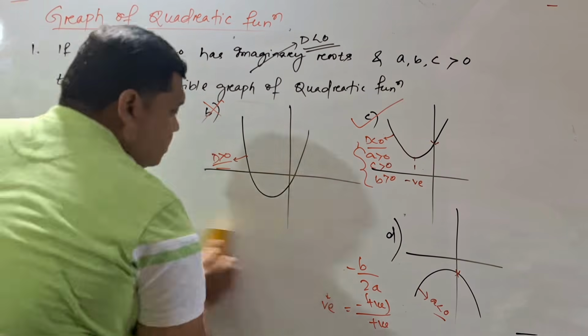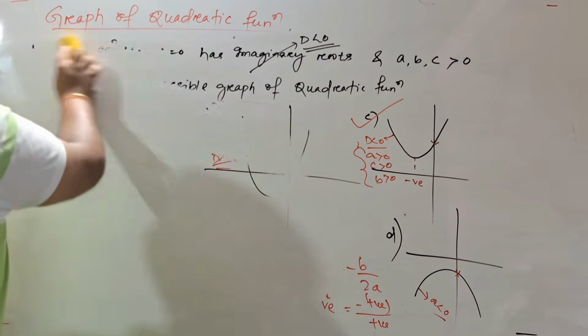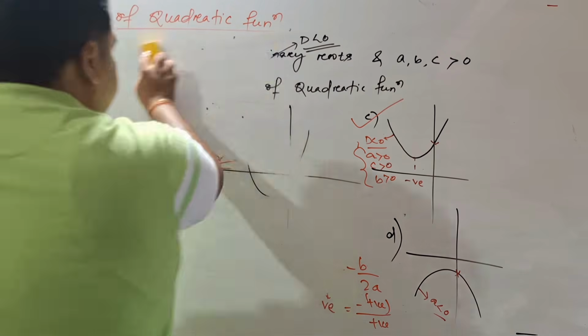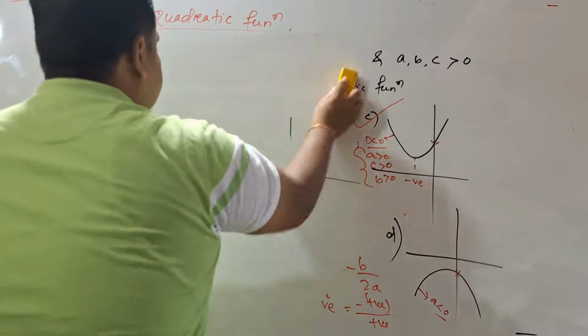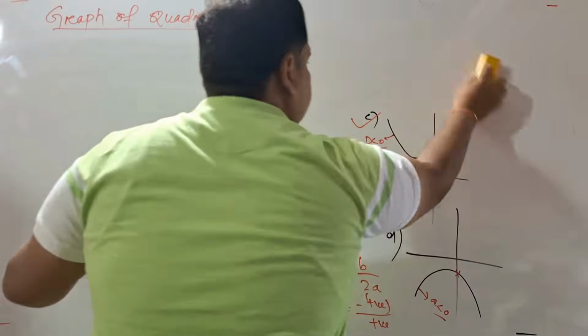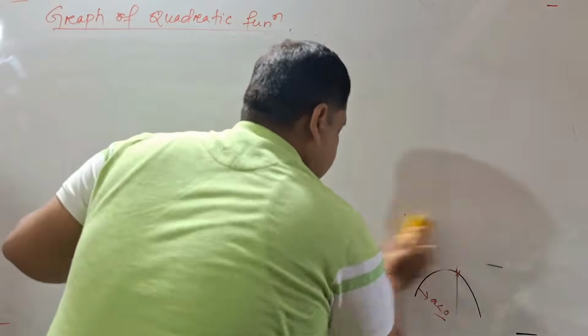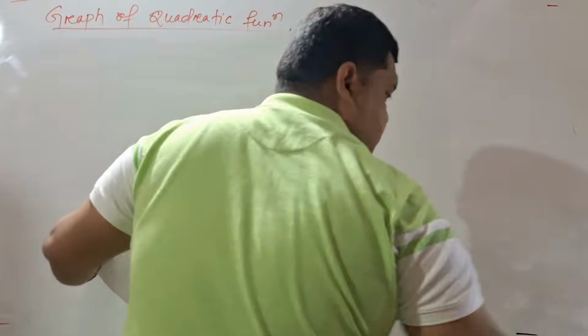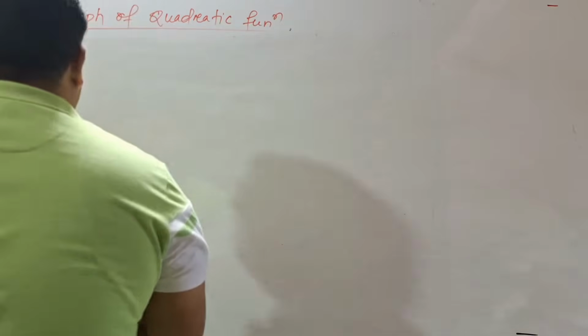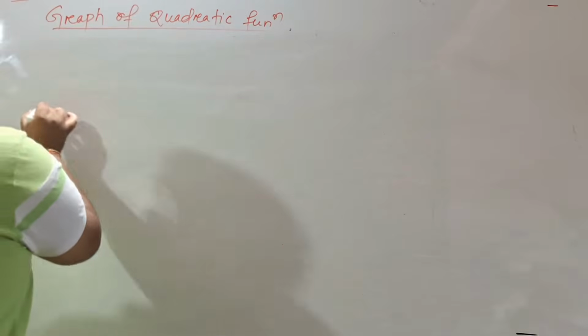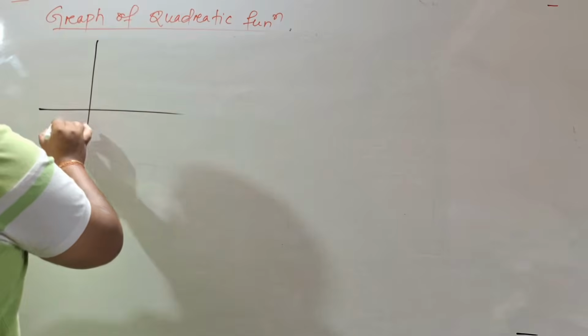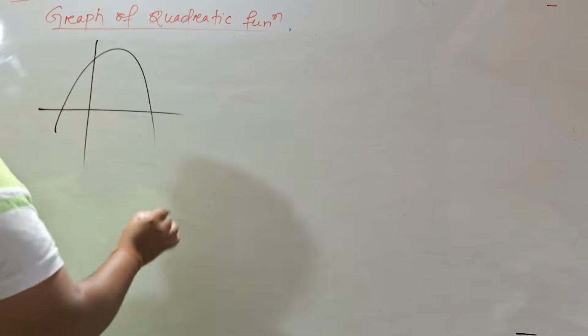Now I am going to provide you a graph and you have to tell me all the parameters of the quadratic function. So tell me the status of the quadratic function for this particular diagram. Suppose a graph is given like this.